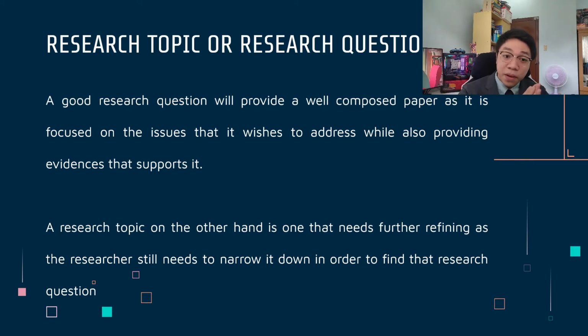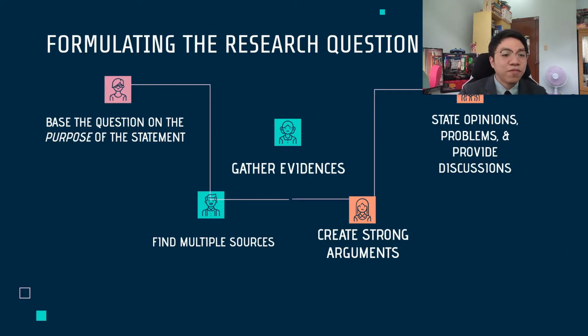A research topic, on the other hand, is one that needs further refining, as the researcher still needs to narrow down in order to find the research question. So if you still have a research topic, you need to first refine it so that you can get that perfect or a good enough research question, which will be one of your basis for the research that you will be doing. So how do we formulate the research question?